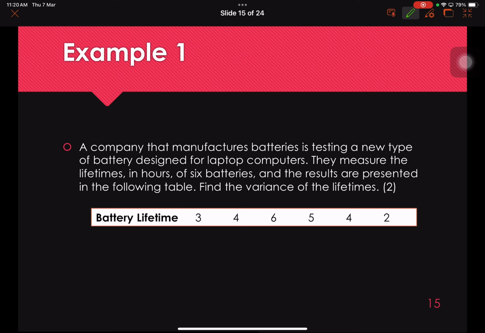Do they mention the sample? No, right? But can you imagine a big company that produces only 6 batteries? That is almost impossible. So that's why we can say sample. Alright, now do your work.